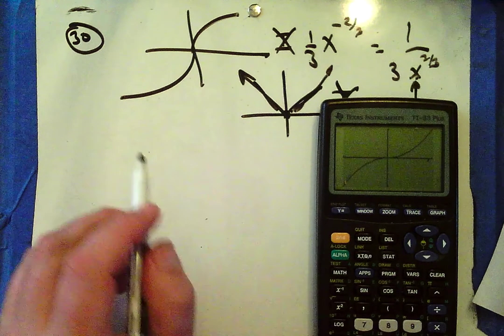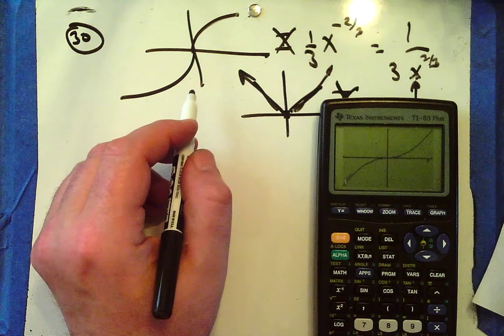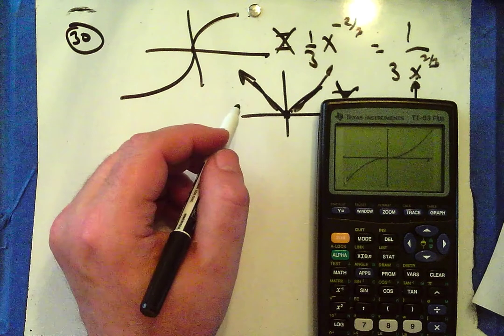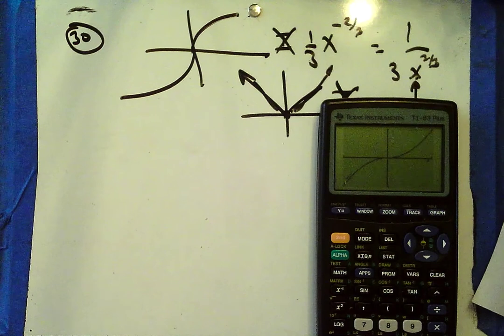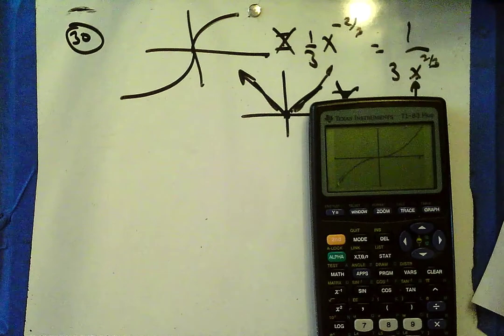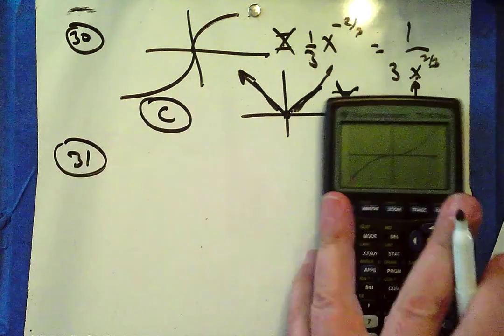I don't see any problem with that. So I like 3 there. Oh, look, 3 isn't an answer. Continuous but not differentiable. I liked 3. Why? Oh, not differentiable. Oh, 3 would be differentiable. So 1 and 2 are not differentiable. That means C. 31. It helps to read the question.